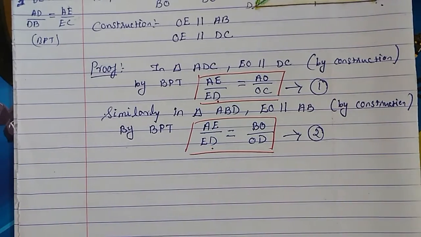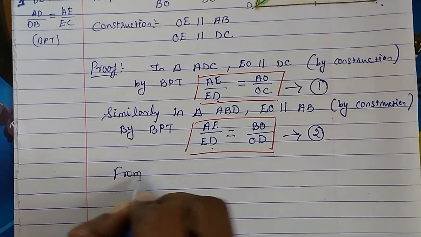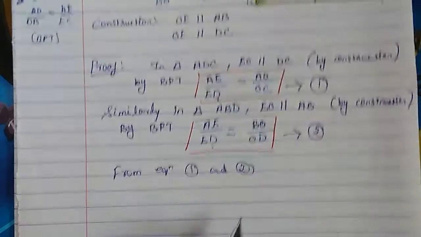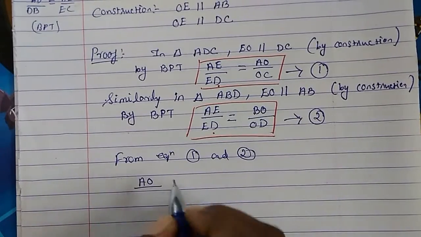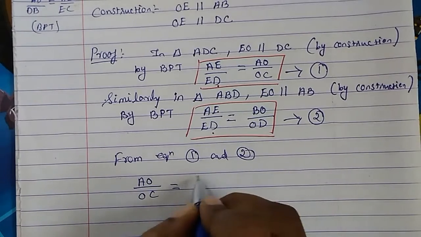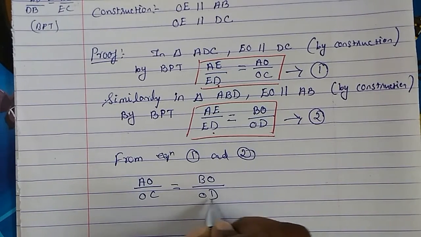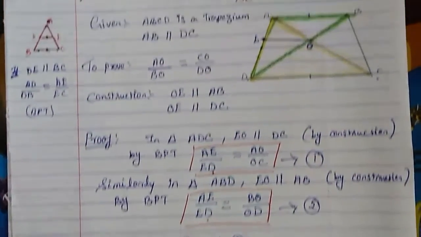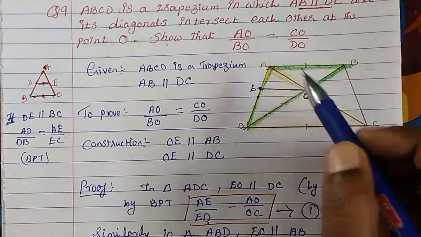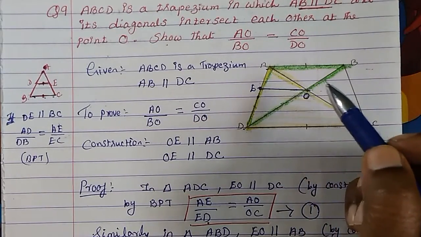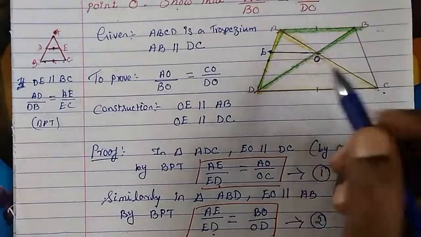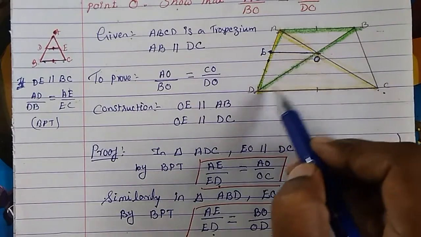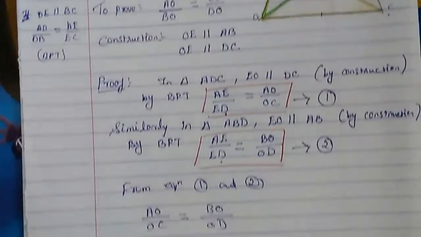Therefore, from equation 1 and 2, we have AO upon OC is equal to BO upon OD. Okay, up to there we have come.